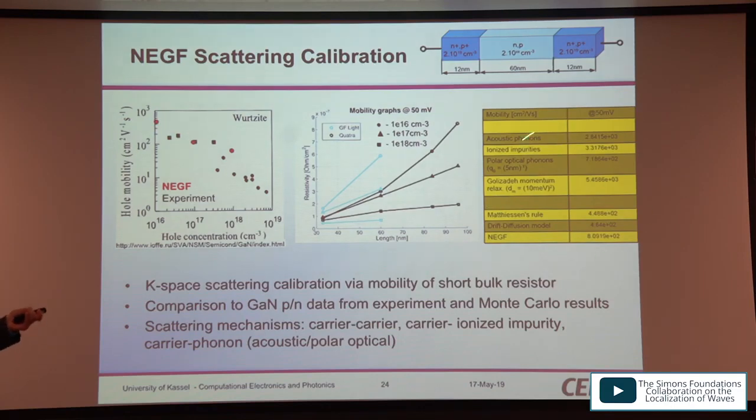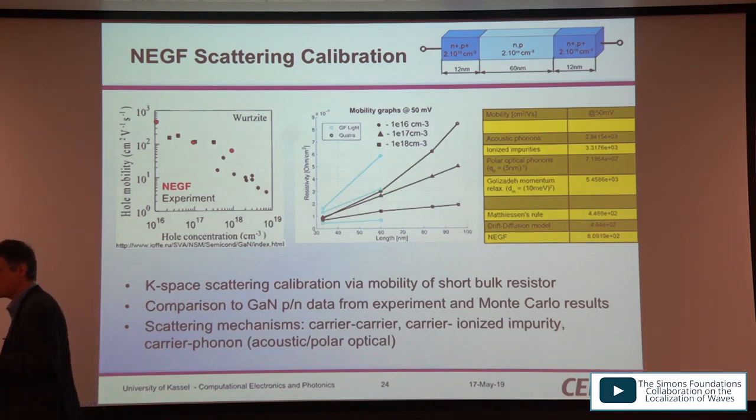We tried to choose the scattering mechanisms so that we get similar mobilities. Here the GF light is the Green's function method. So we tried to get similar mobilities to what we see from Monte Carlo results or from experiment. And the scattering mechanisms, again, are carrier-carrier, carrier-ionized impurities, and carrier-phonon scattering.